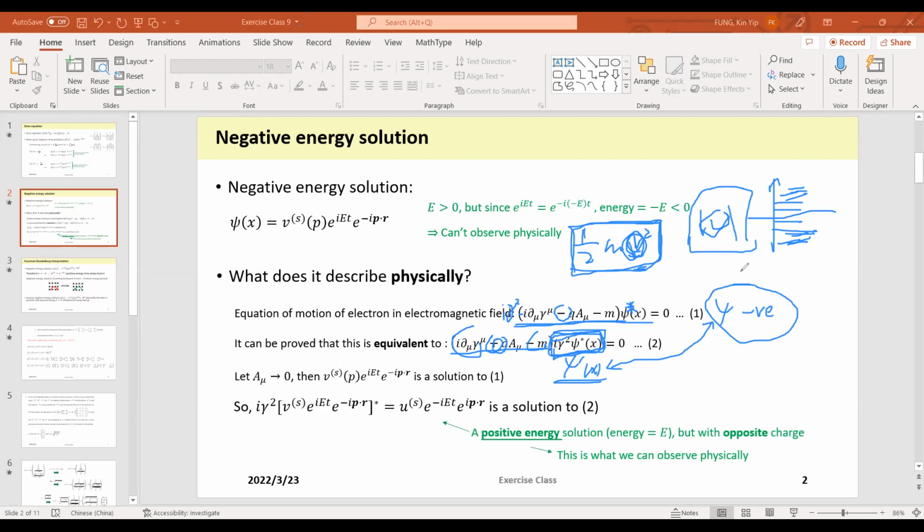You don't measure energy directly. You don't point at something and say that this is positive 10 joules. You just infer it from the velocity, charge, whatever, and then you calculate its energy, right?